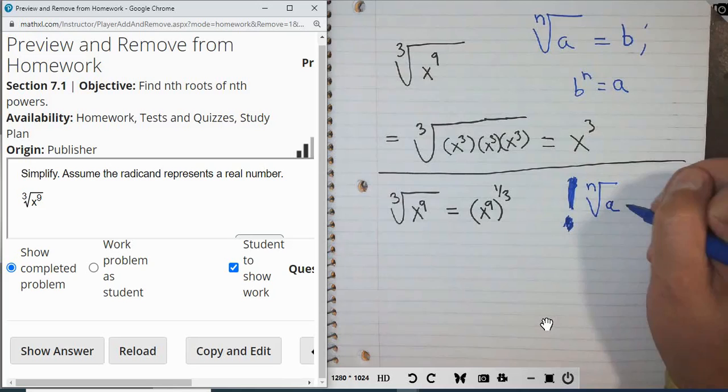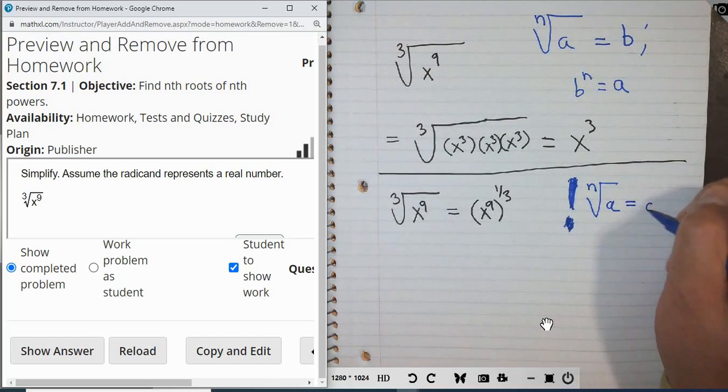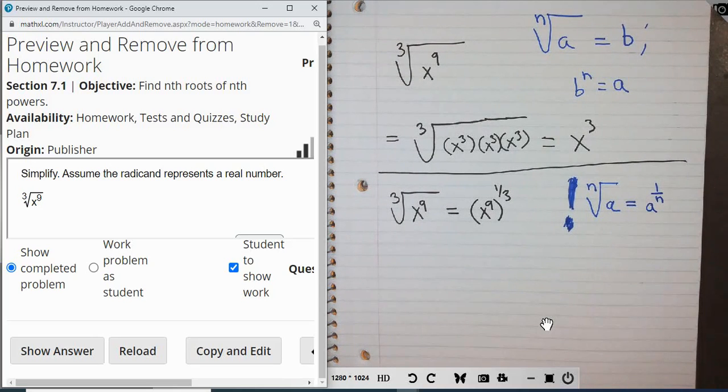Remember, when we talked about rational exponents, we said that the nth root of a is the same thing as a to the power of 1 over n. Notice we kept the base a and gave it an exponent, and the denominator of that exponent is the index of the radical expression.